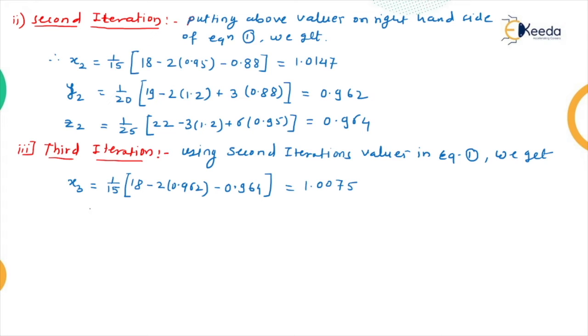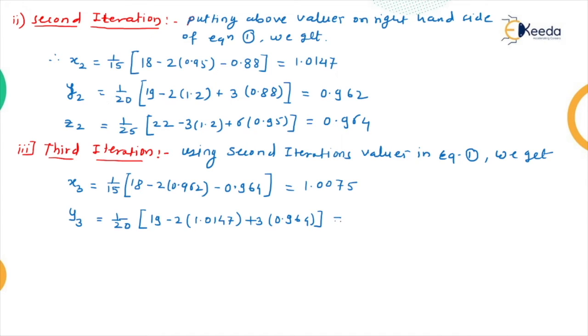we get the value 1.0075. Now we have to take the third iteration for y as y3, and y3 is 1 divided by 20 in a bracket, that is 19 minus 2 into the value of x for the second iteration, x2, which is 1.0147, plus 3 into the value of z2 for the second iteration. z2 is 0.964, so I am writing here 0.964.